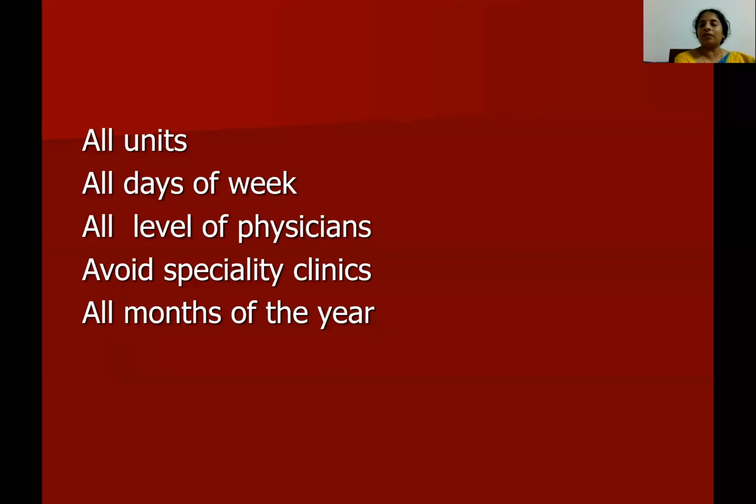Because you know that every unit's patients are different. Patients are treated differently. The kind of patients that come to the OP is different. So try and include these things, and it will definitely improve the validity of the study, so that you will be measuring what you're trying to measure. Otherwise you will get a skewed mean value, or a skewed proportion.